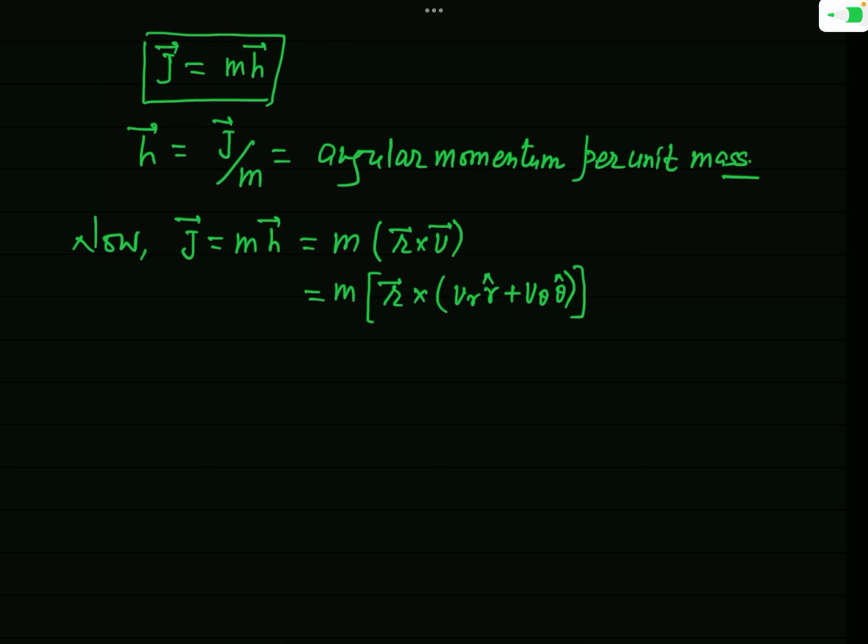We have just seen in the earlier lecture that in plane polar coordinates, velocity has two components: the radial component Vr and the transverse component V theta. The radial unit vector is r hat and the transverse unit vector is theta hat. Now take the vector product of these two terms with r.